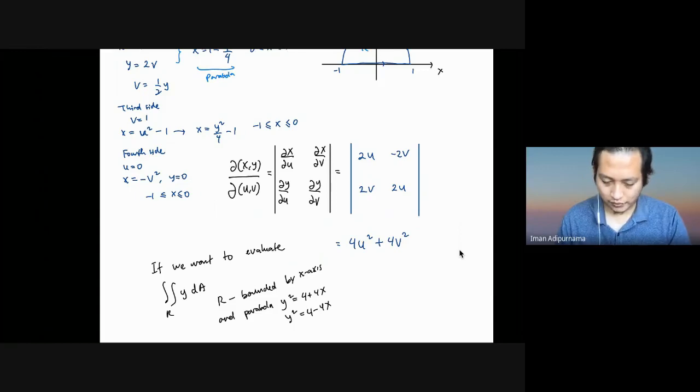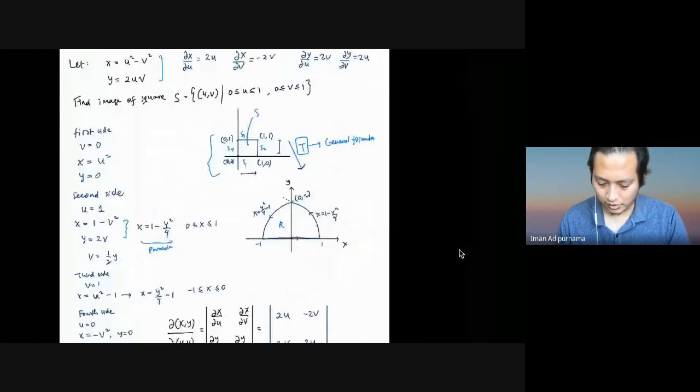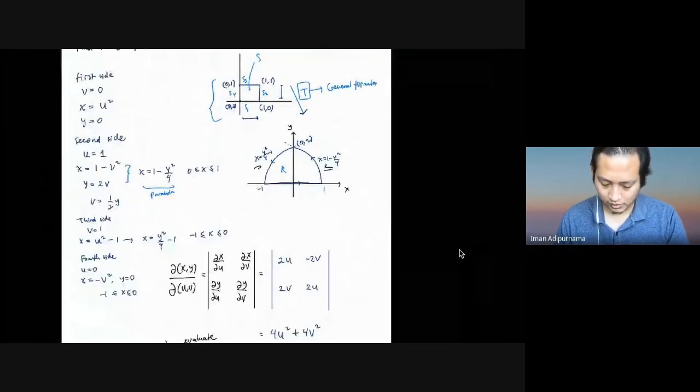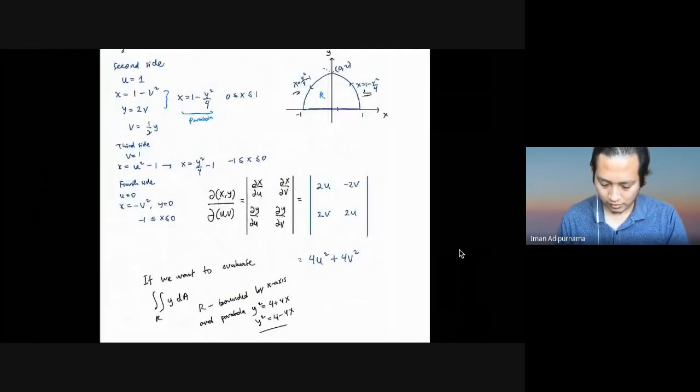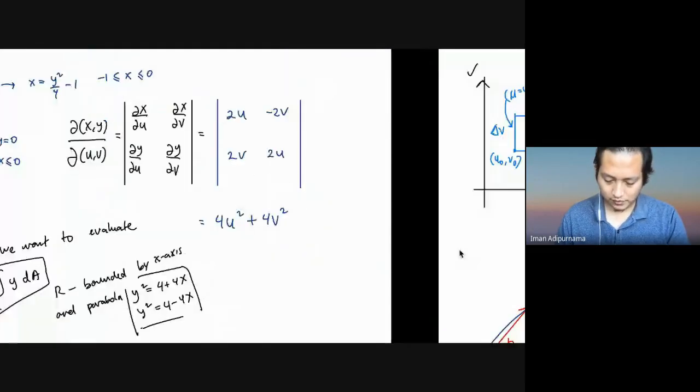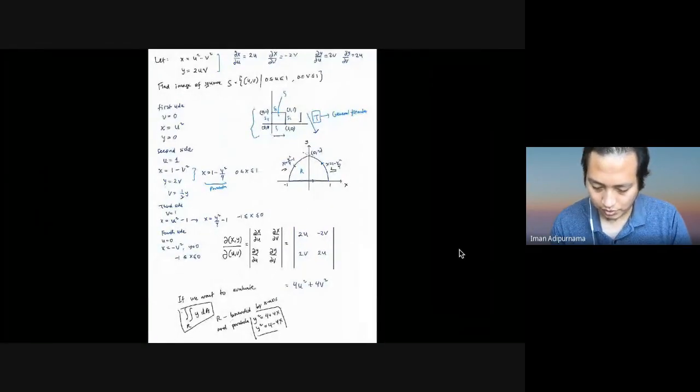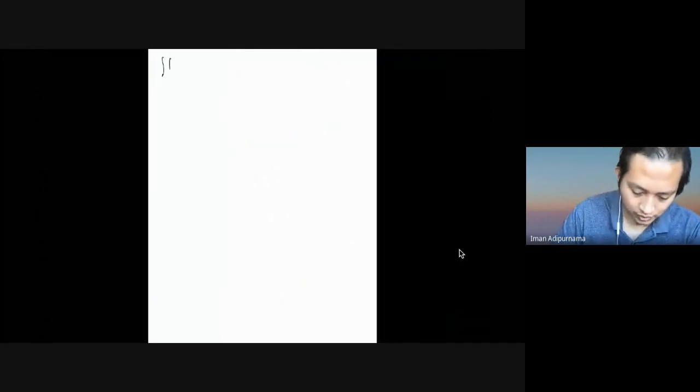This is actually what we have done here, right? The same thing here, the same formula. So if this is the R, okay, so we can just use it for this part. Let me use a new page to solve this.